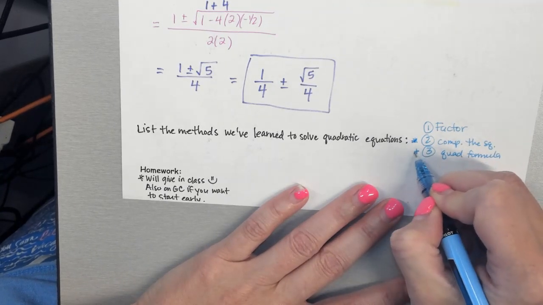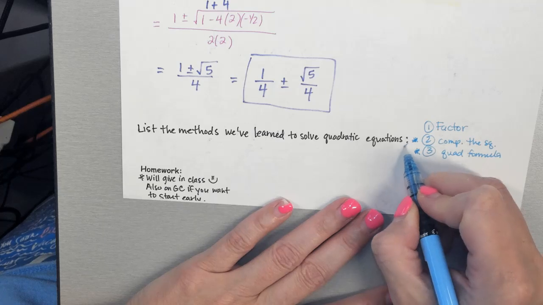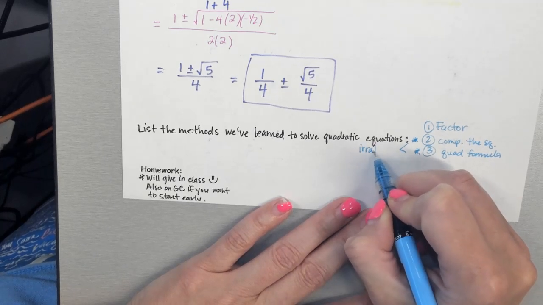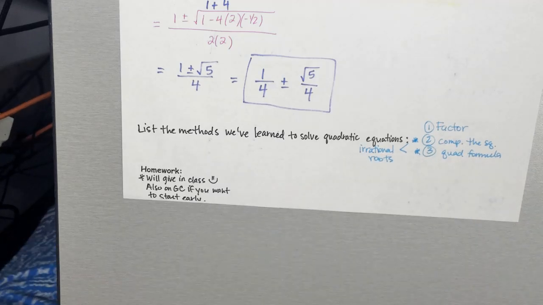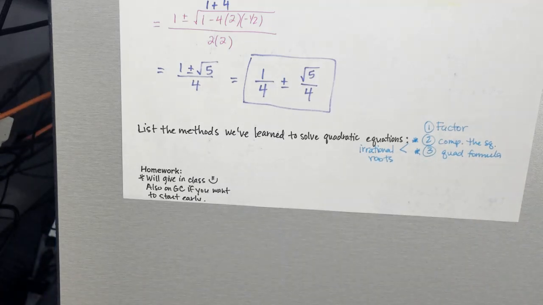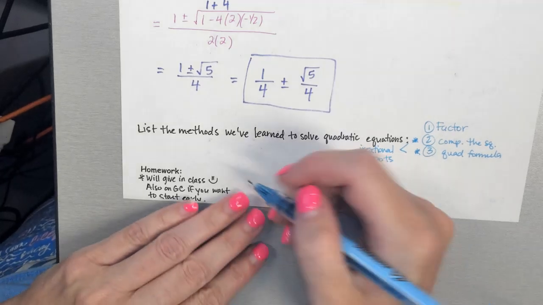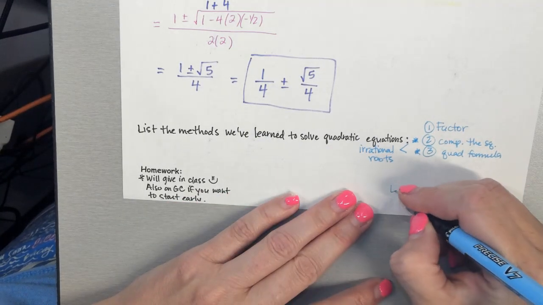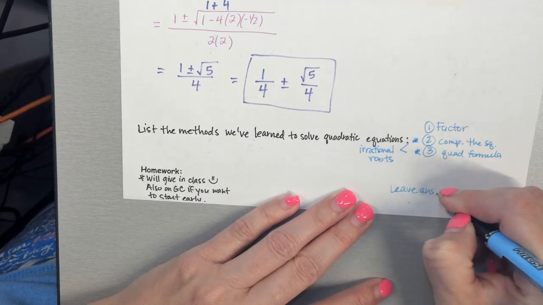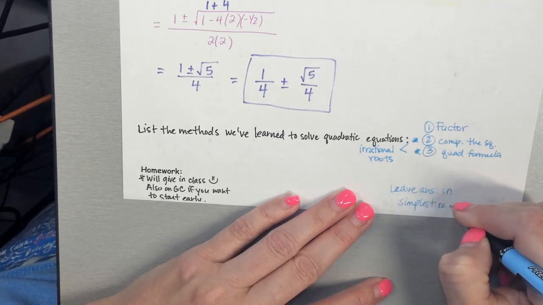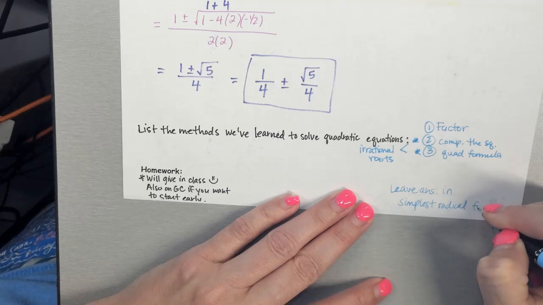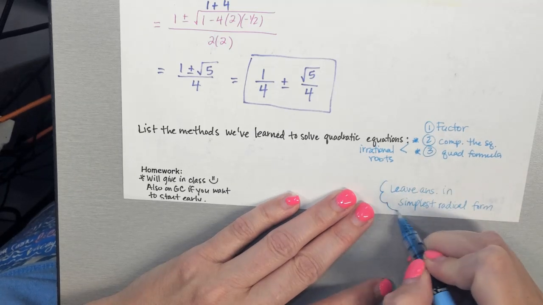Now, methods 2 and 3 have to be used when you have irrational roots. And always leave your answers in simplest radical form, which means it's an exact value.